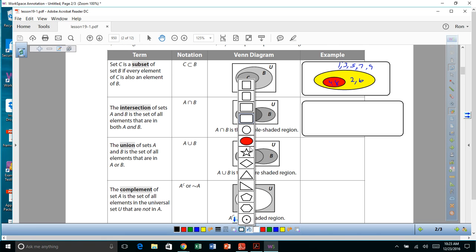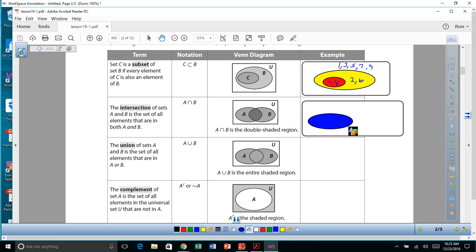Let's draw us an oval, and we'll use blue. And then we used green for the other.